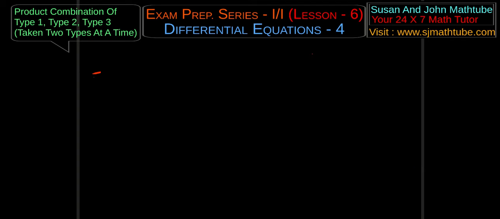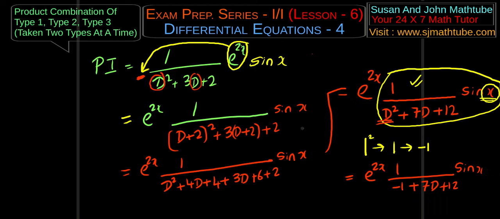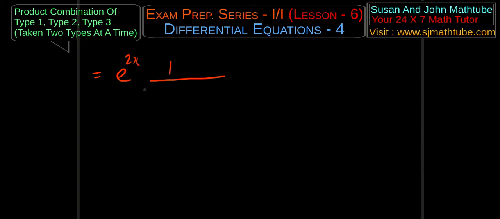And that is equal to e to the power 2x and 1 by, so tell me what is minus 1 plus 12, that is 11. So we get 7d plus 11 of sin x.